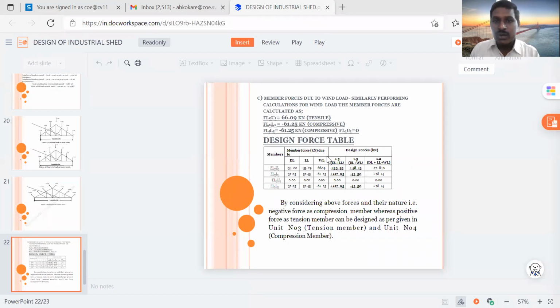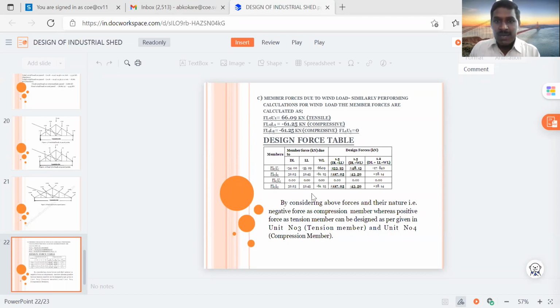In the software, we put these loads and we get the member forces. The truss is made up of steel members connected to each other in a triangular shape, and the members take tensile or compressive load.